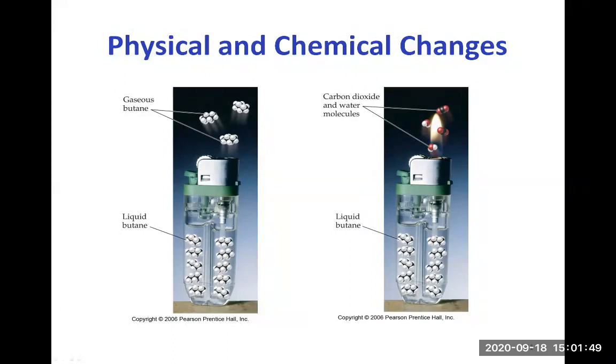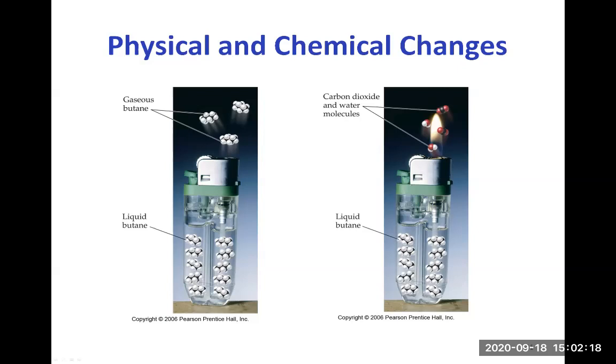And this slide shows you examples of a physical change and a chemical change using the same substance to start with. And that's liquid butane, which is found in lighters, right? When you're using a lighter, you're burning butane to create the flame. The liquid butane is liquid inside the lighter, but it's very volatile.